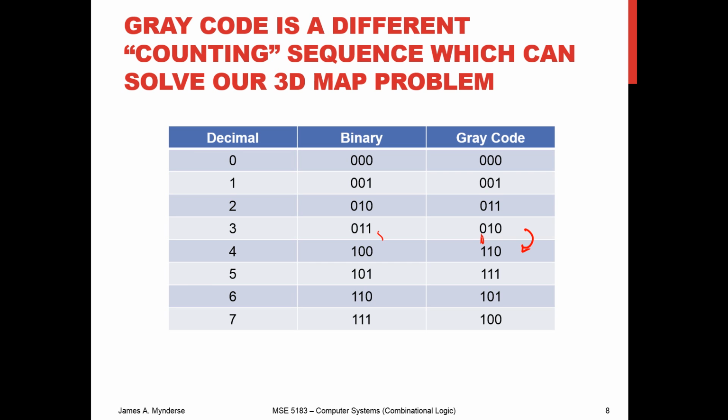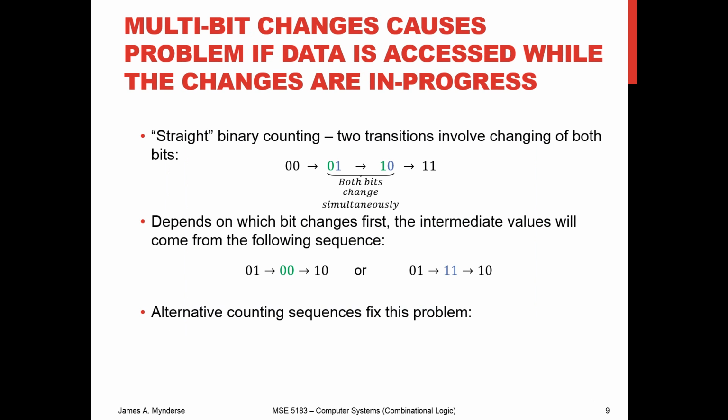If we look at straight binary, all 3 bits are changing, and so we've got all sorts of potential for bad reads. That's why we use gray code in computers a lot of times, because we're worried about that sort of circumstance. And it'll also help in our mappings, because it'll fix the same sort of problem.